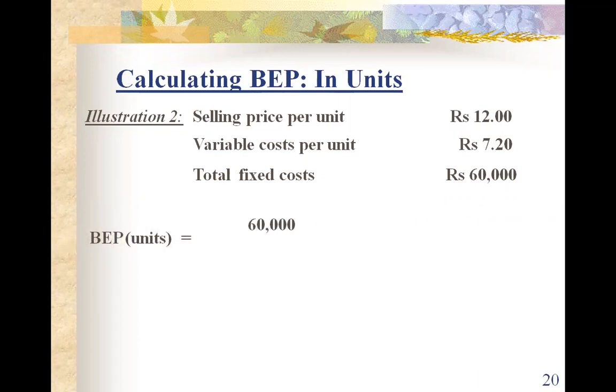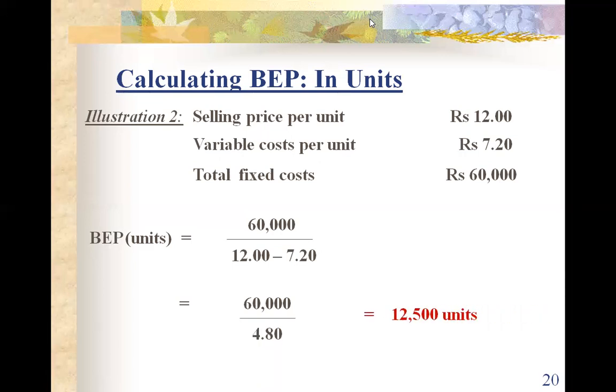Here total fixed cost is 60,000. So 60,000 divided by 12 minus 7.2. Here you get the contribution margin. So 60,000 divided by 4.80, and we get 12,500 units as our break-even point.